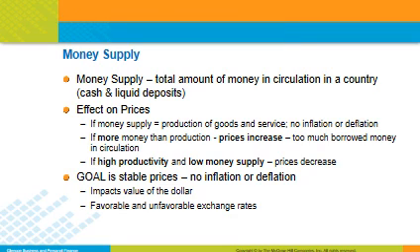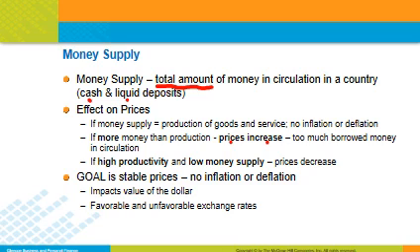The money supply is the total amount of money in circulation in a country. That's cash and liquid assets. The effect on prices: if the money supply exactly equals the production of goods and services, there's no inflation or deflation. If there's more money than production, prices will increase.